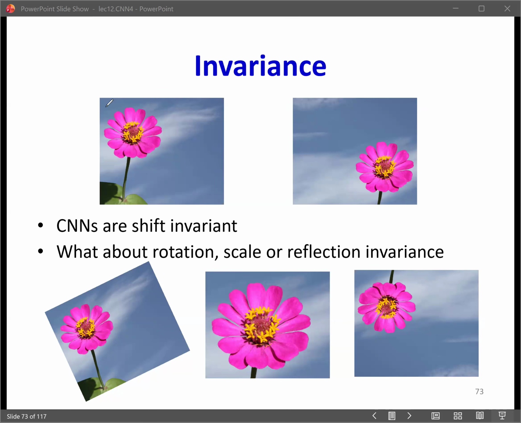When I was detecting a flower, what was it I actually did? I had a flower pattern detector and I scanned the input. And so the same flower pattern detector was applied in both locations in order for me to get position invariance, right?